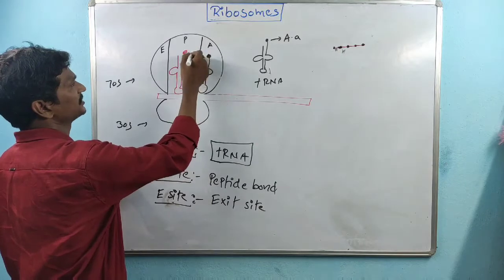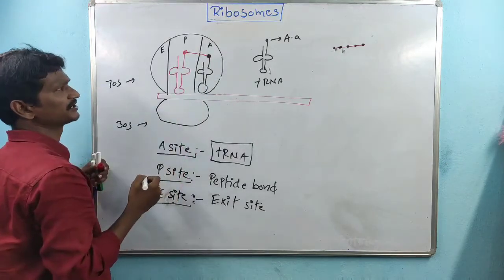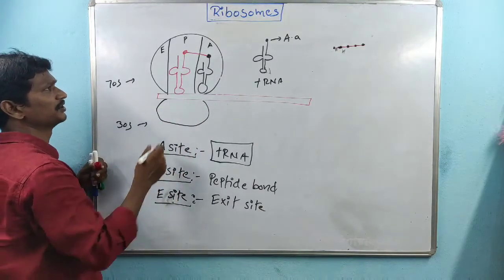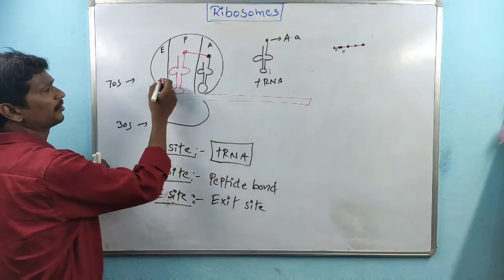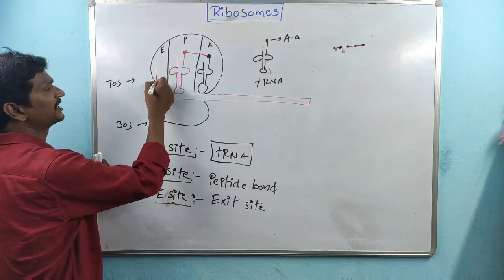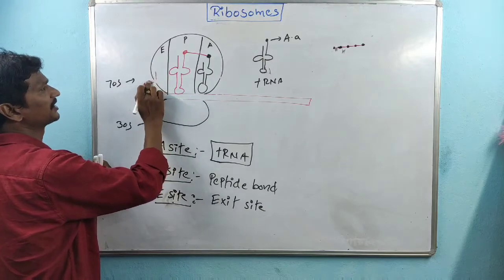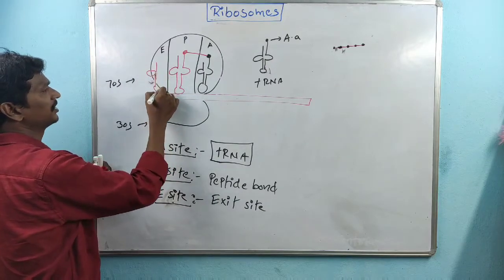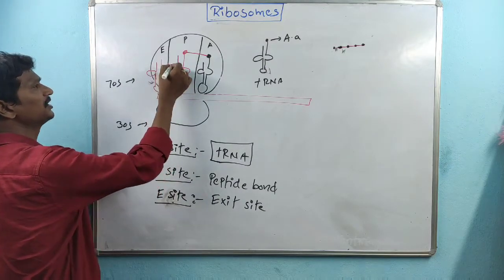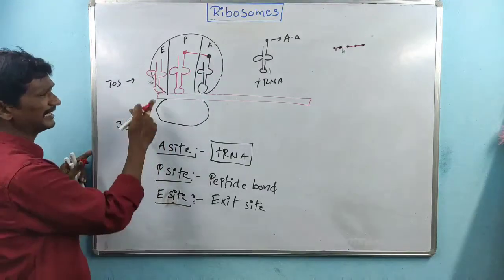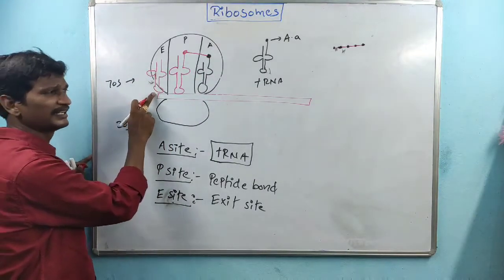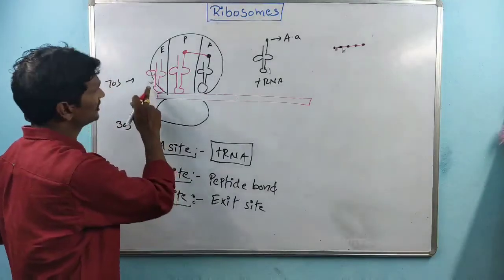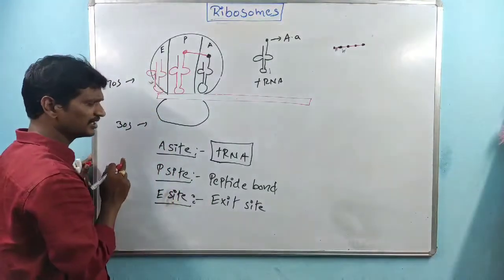Between these two amino acids, peptide bond formation takes place. Once the peptide bond formation takes place, the empty tRNA comes out. That is nothing but the exit of tRNA. So this site is called the E site.